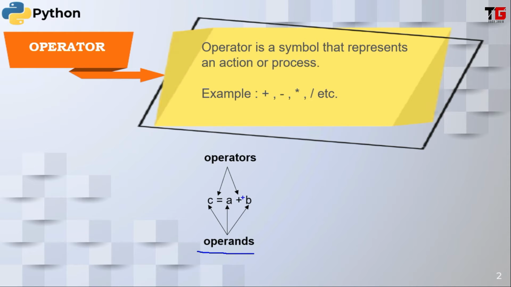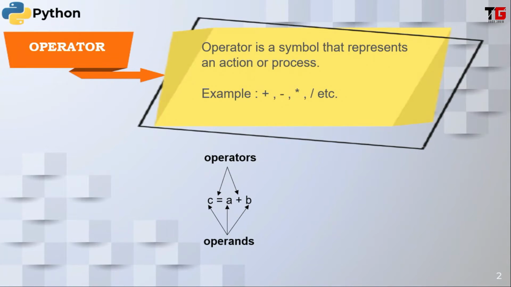A plus B, so plus symbol is operator here. It means values of A and B will be added and the result will be stored to C. So this equal to sign means storing the result to C. It is also an operator. It is known as assignment operator. So friends, I hope the concept of operator is clear.